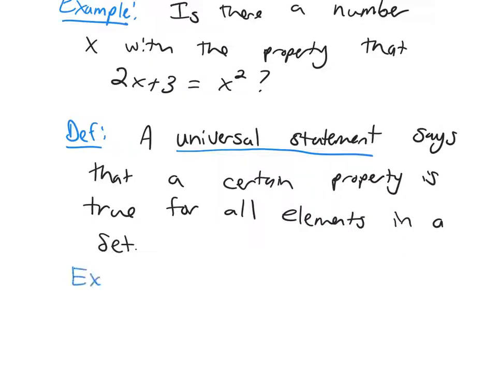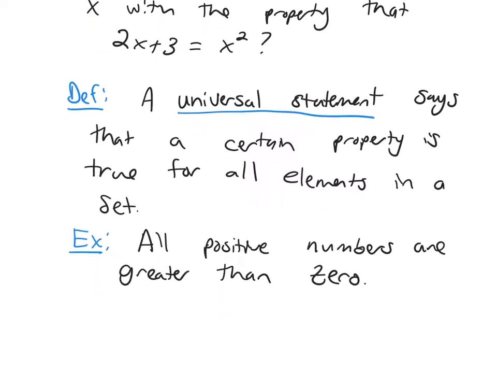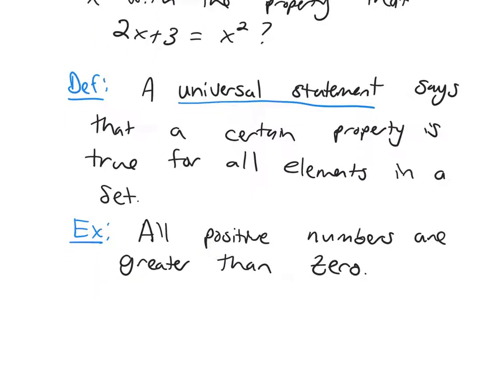So an example here would be the following statement. All positive numbers are greater than 0. You're making a statement about all of the positive numbers, which is why this would be a universal statement.